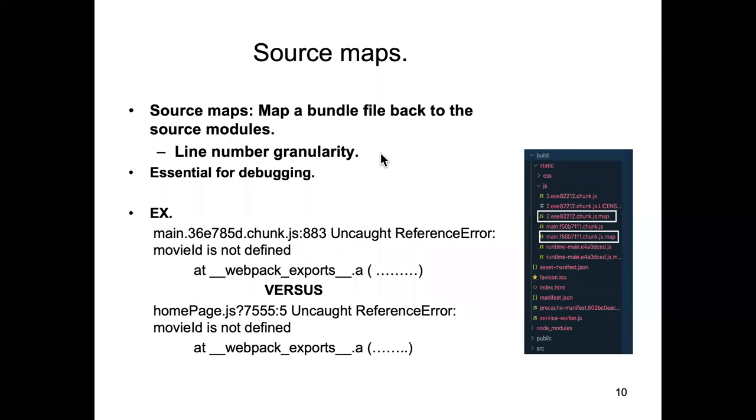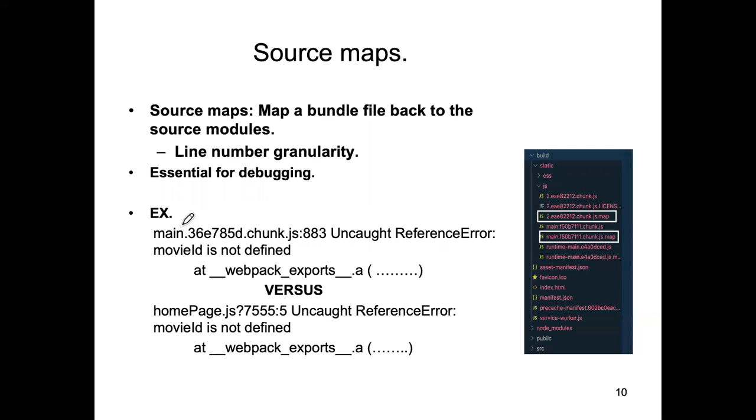if our app throws an error in the browser, then the error message, when we open up the developer tools, will refer to a particular line number in our bundle file. This is, for example, one of the bundle files that the browser would have received. And so the error is telling me that there's an error on line 883 in this file.